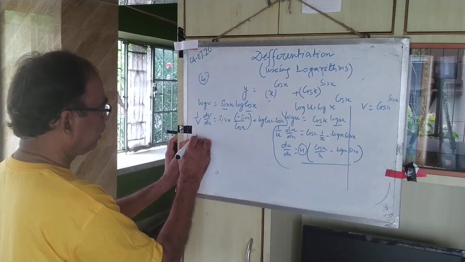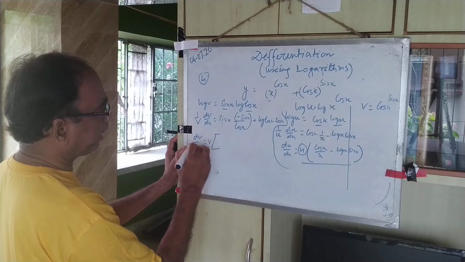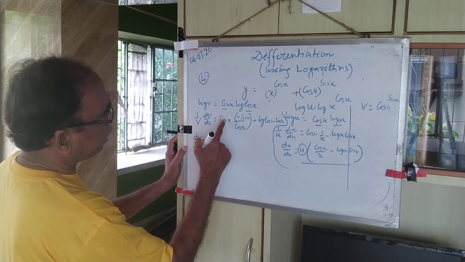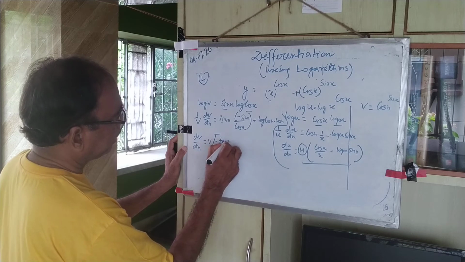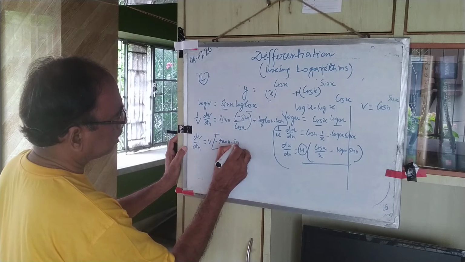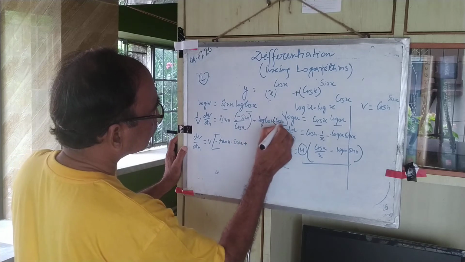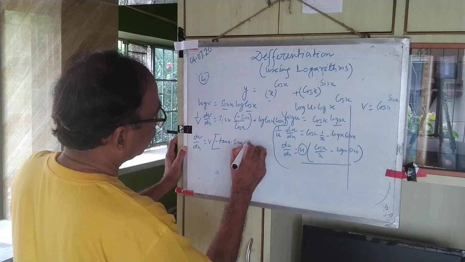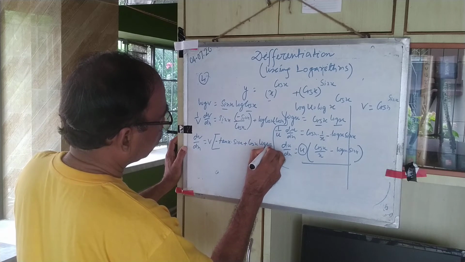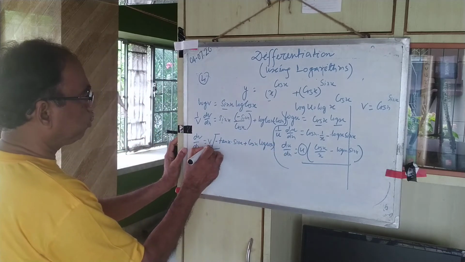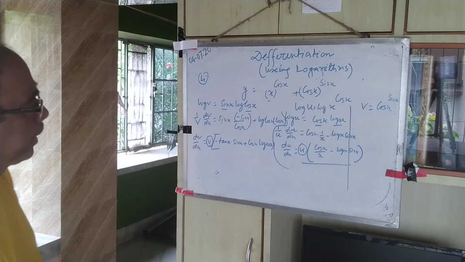That is dv by dx equals v times (cos by sin is tan x, minus tan x into sin x, plus cos x log of cos x). Then you put the value of v, that is your final dv by dx.